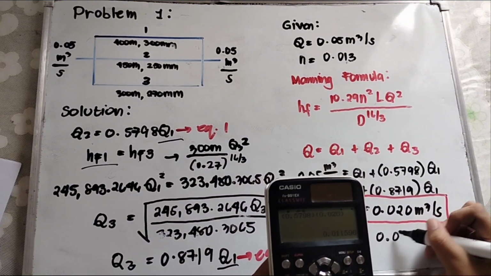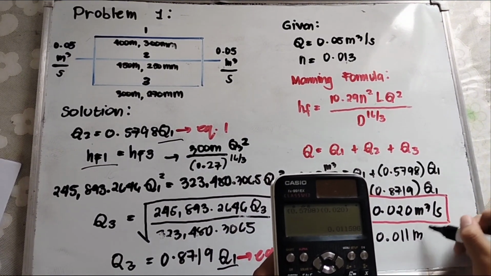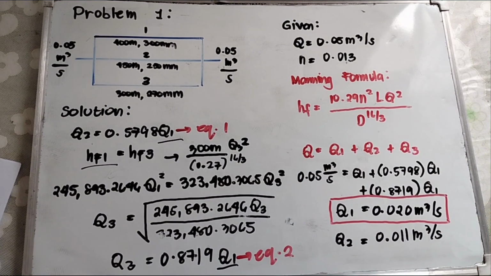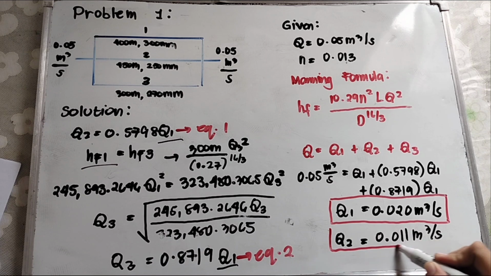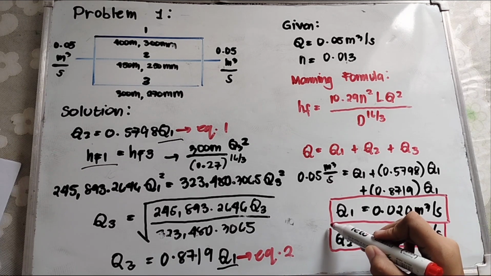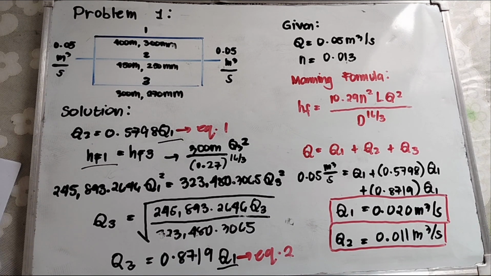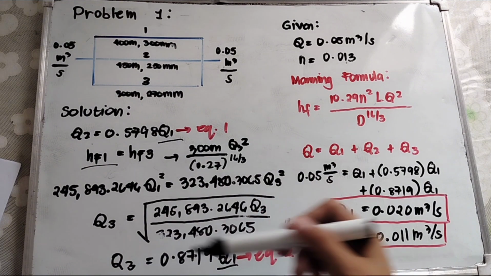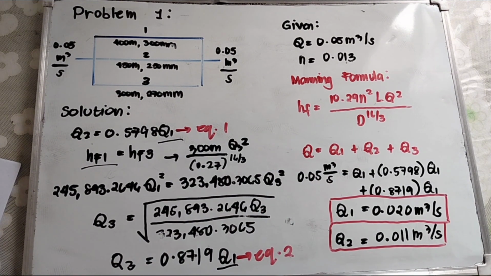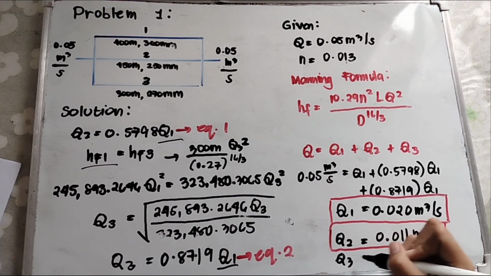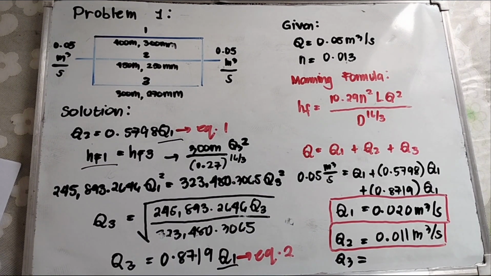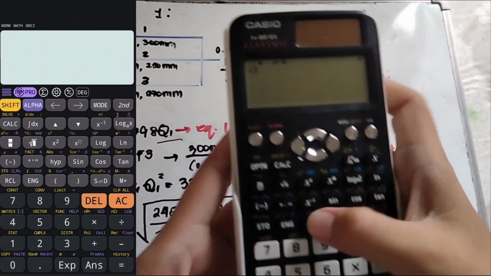So the value of discharge at pipe 2 is equal to 0.011 cubic meters per second. Again, to find the discharge at pipe 3, we just need to substitute our value for Q sub 1, in which Q sub 3 is equal to 0.8719 times 0.020.